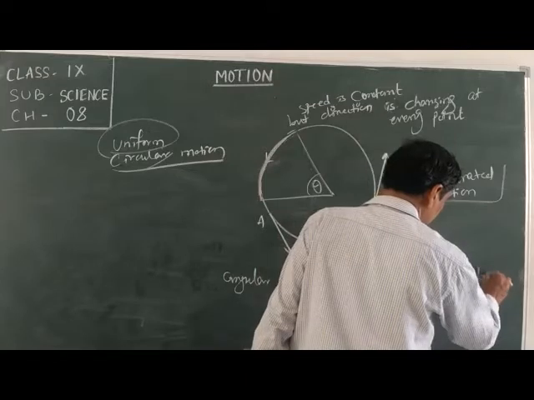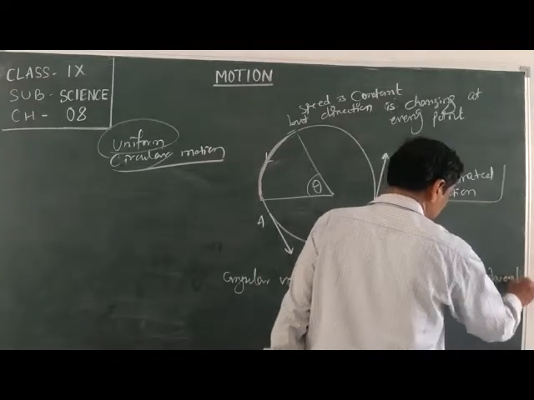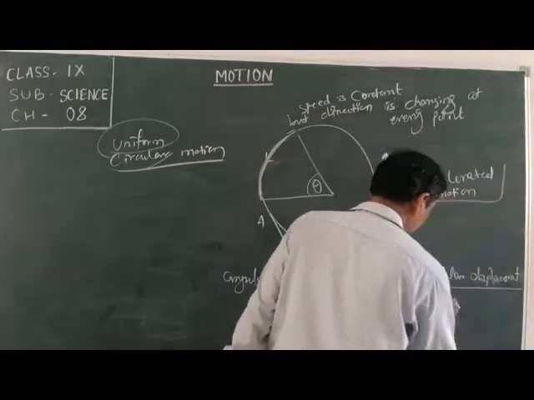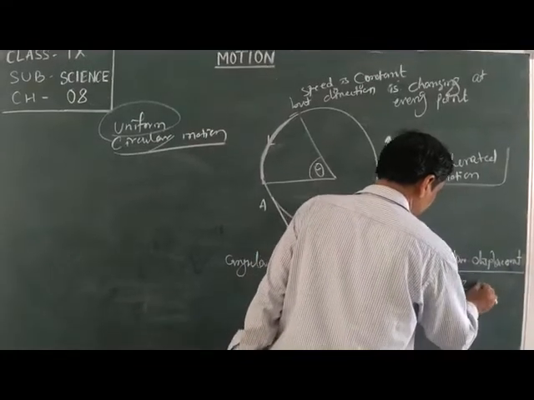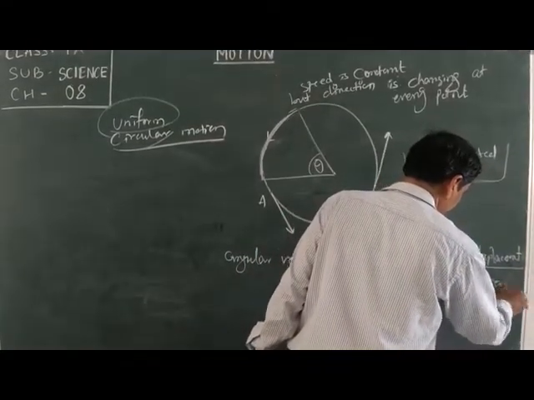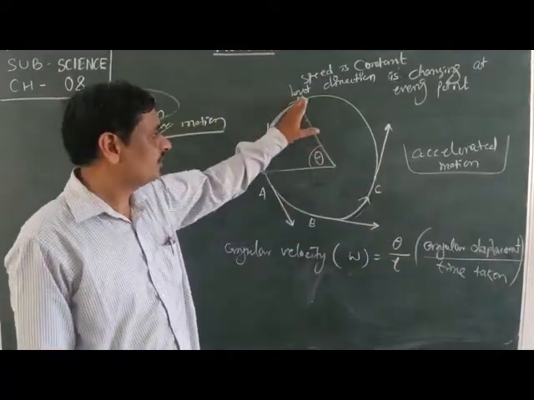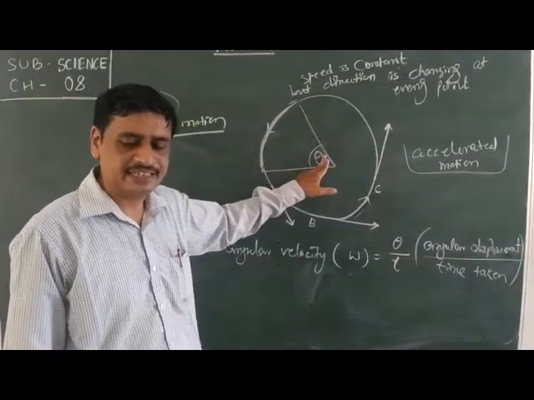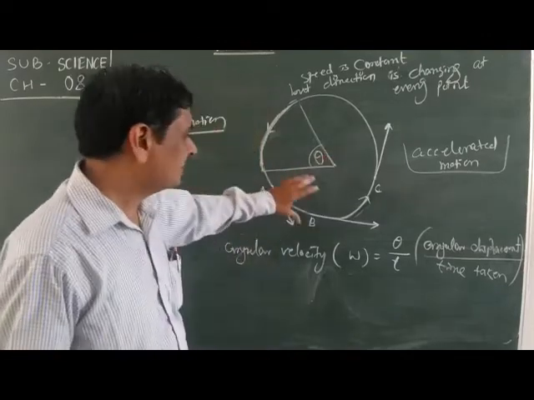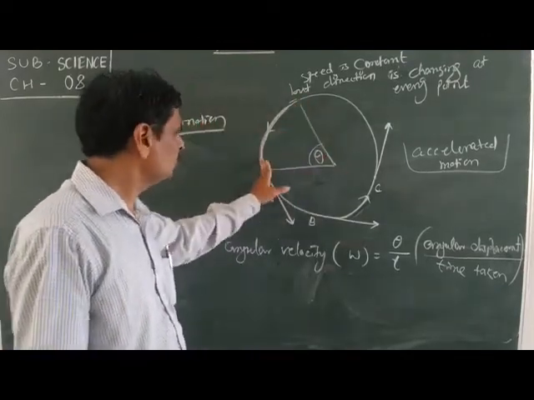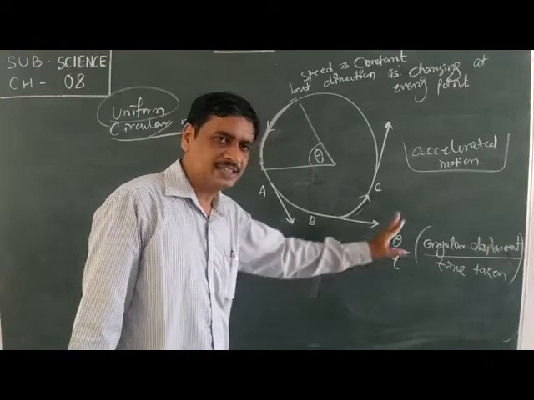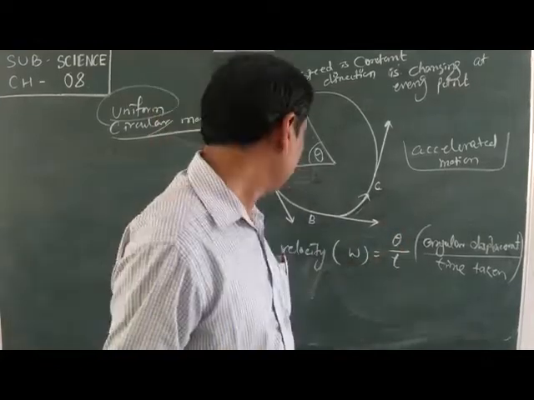The angle comes from the arc at the center, by the time taken to move from this point to this point. That is omega is equal to theta by t. That is angular velocity.